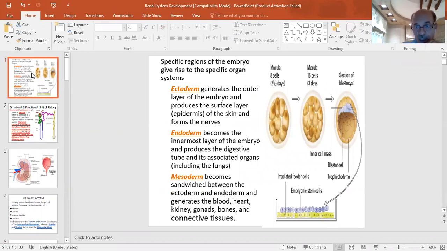You do know that during the development at the blastocyst stage, what you call the pluripotent stem cell is present. And that pluripotent stem cell has the ability to give rise to the whole body.